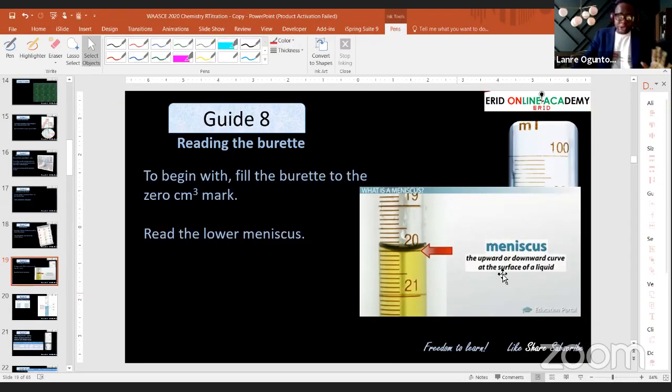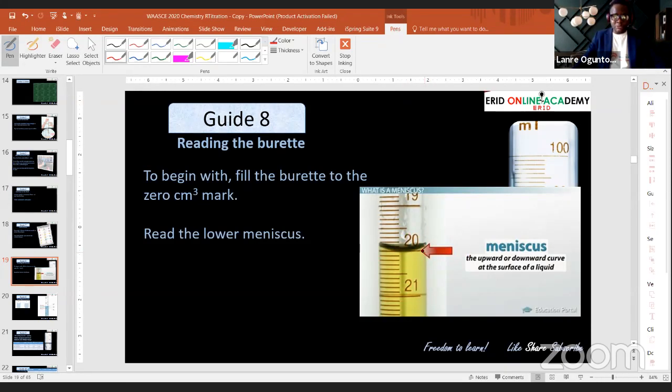Now let me tell you something about reading the buret. You must have heard about the word meniscus. When liquid is in a container, the liquid will form two menisci, an upper meniscus and a lower meniscus. Looking at this particular burette, I have the lower meniscus here, where my arrow is showing.